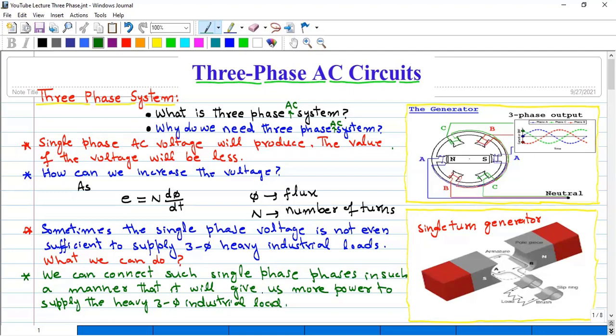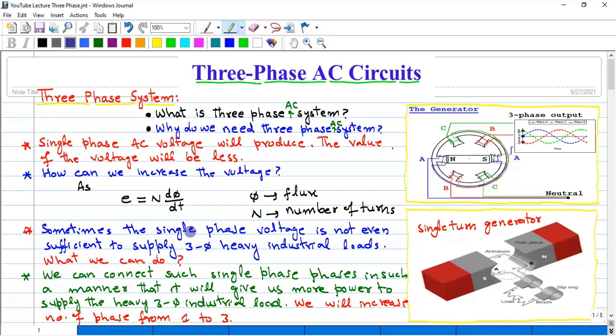That is, we will increase the number of phases from 1 to 3. So this is the basic introduction of the three-phase AC system.